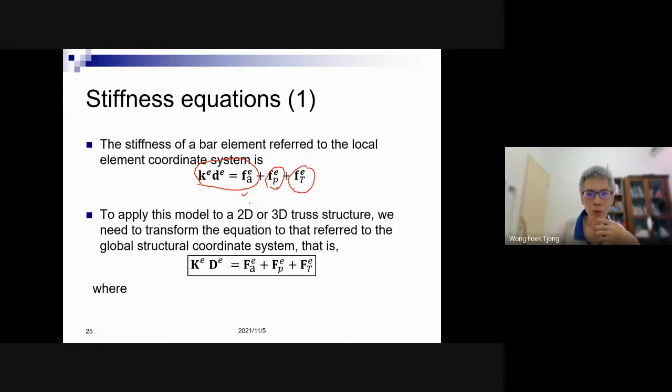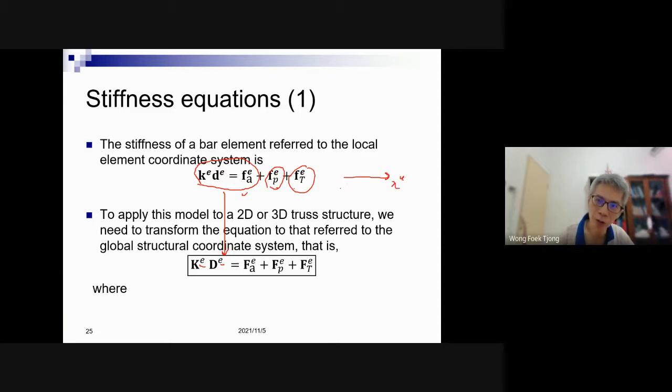So to solve a 2D or 3D truss, what should we do? We should convert this one for each element. This is the reminder for each element. But remember, all of these vectors and matrices refer to the local coordinate system, local X for each element.